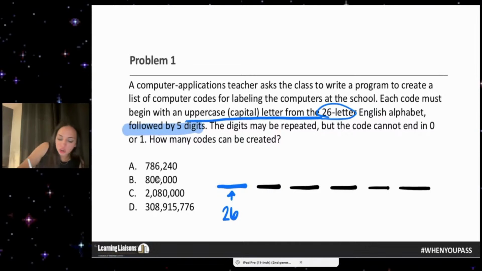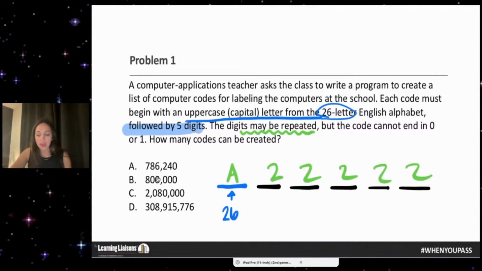This is a critical statement, because if they could not be repeated, then we would have fewer and fewer digits as an option as we move down the line. But literally the code could be A22222, right? Because the digits are allowed to be repeated.